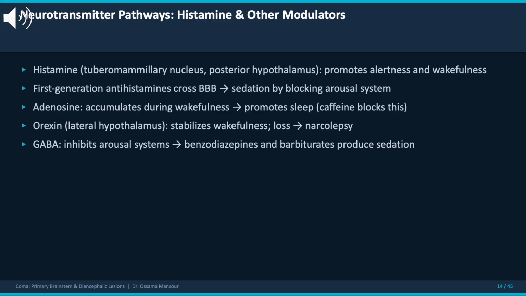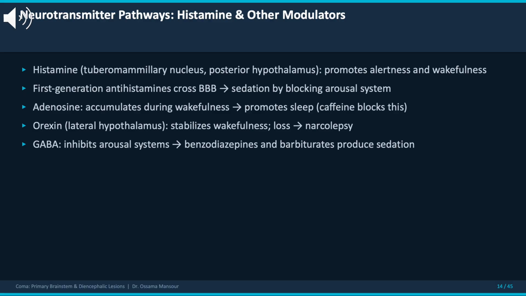Orexin neurons, originating in the lateral hypothalamus, play critical roles in stabilizing wakefulness and preventing inappropriate transitions into sleep. Loss of orexin neurons is the cause of narcolepsy. GABA, the brain's primary inhibitory neurotransmitter, can promote sleep by inhibiting arousal systems, which is why GABAergic medications like benzodiazepines and barbiturates produce sedation.